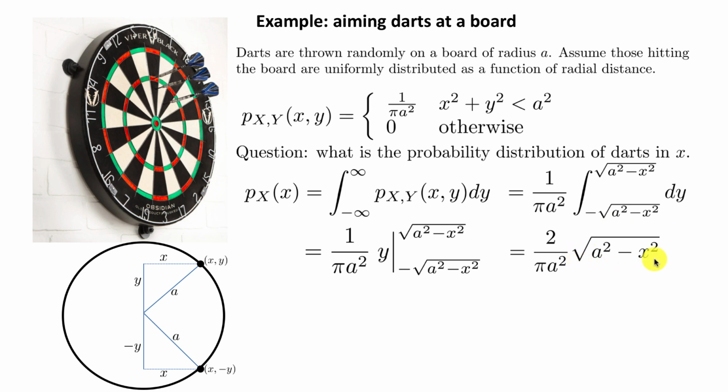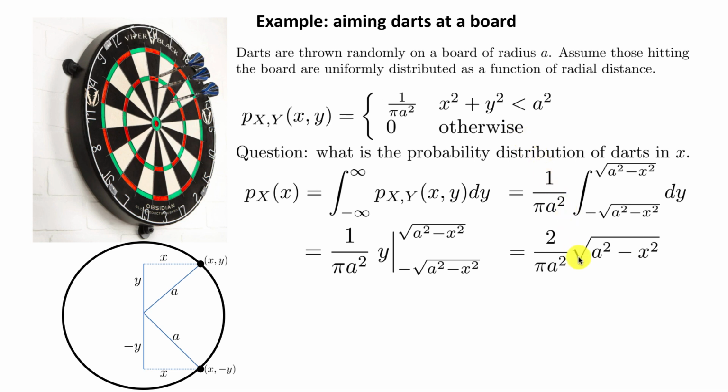Now notice that if x is equal to plus a or minus a, then p is equal to 0. And of course, if x exceeds a, then also this is 0 because p of xy is 0 unless we are within that dartboard's range, within its radius.